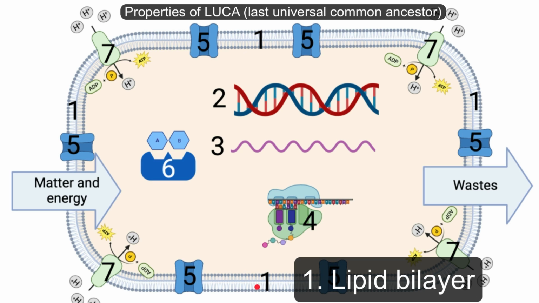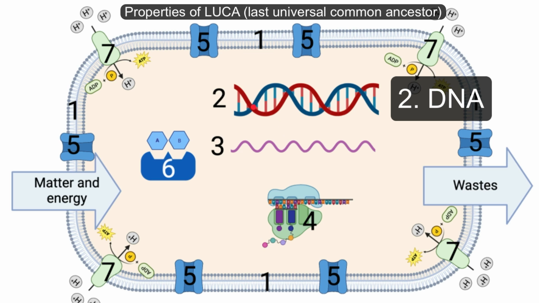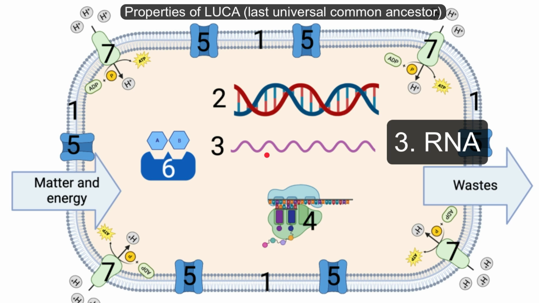Just to run through, at number 1, we have a lipid bilayer. Remember, it doesn't have to be a phospholipid bilayer because archaea have a different kind of bilayer structure. At 2, we have DNA being the genetic material that's found in all living things. At 3, we have RNA, which is used for information transfer and other things.